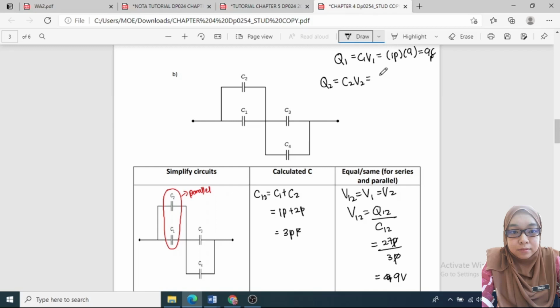So C2 is 2 pico multiplied with 9 equal to 18 picocoulomb. Q3 equal to C3 V3 equal to 4P multiplied with 3 equal to 12 picocoulomb. And then Q4 equal to C4 V4 equal to 5P multiplied with 3 equal to 15 picocoulomb.